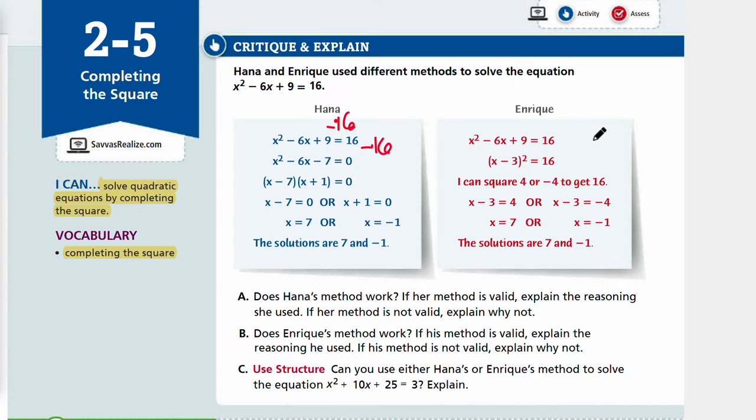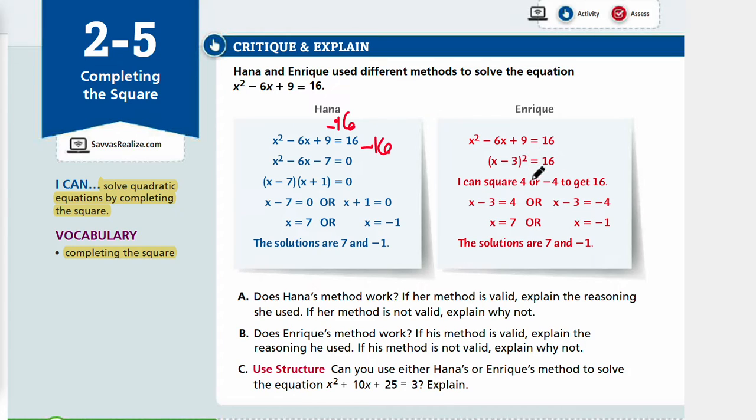Enrique factored before solving for 0. Then he set the equation equal to x minus 3 equals 4 or x minus 3 equals negative 4, because x minus 3 is squared, it could be either negative 4 or positive 4 to get positive 16, right?